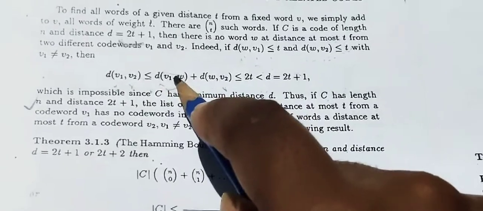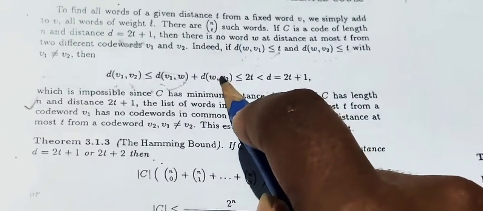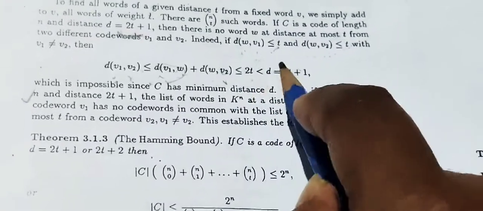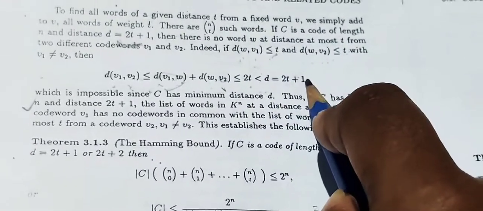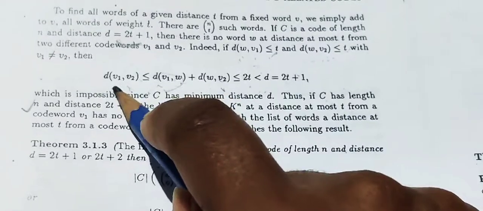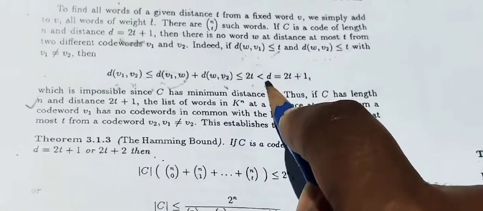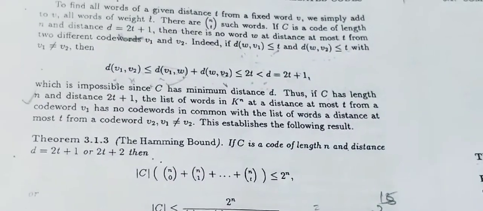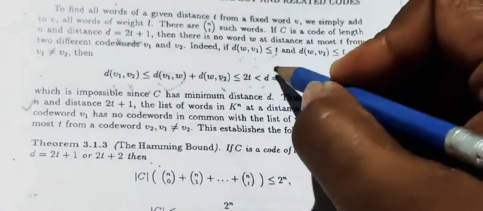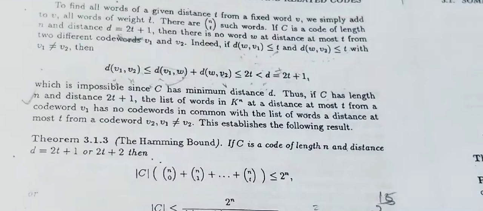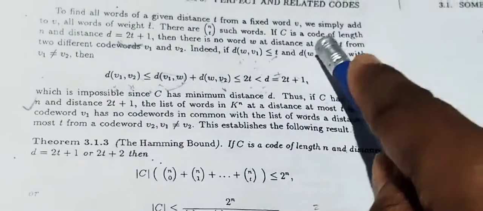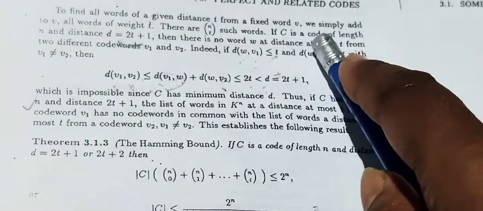This one is at most t and this one is at most t. So t plus t, that is 2t. So 2t is less than 2t plus 1. So what is the meaning? The distance of V1 with V2 is less than d, which is a contradiction to the code distance.